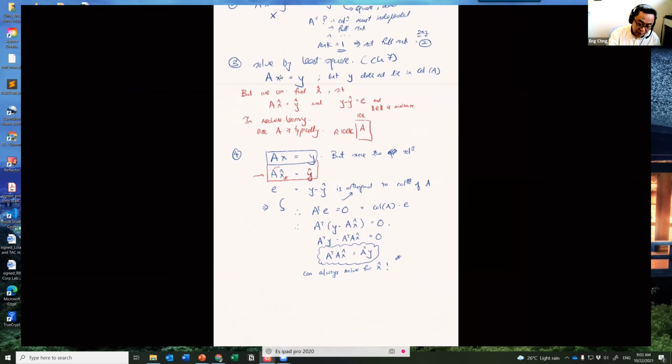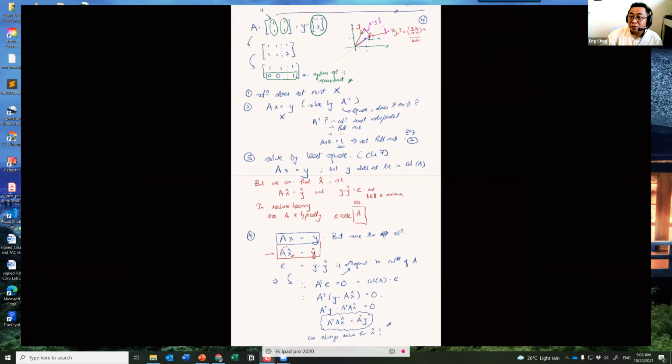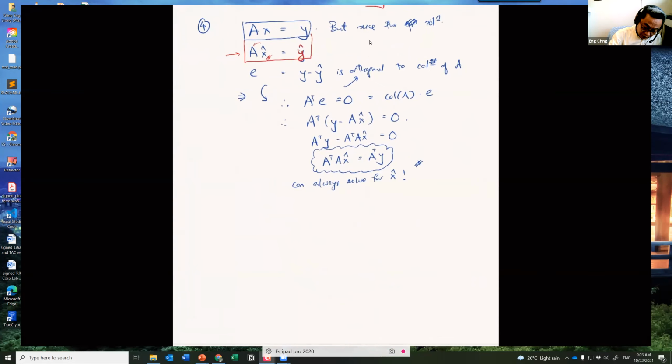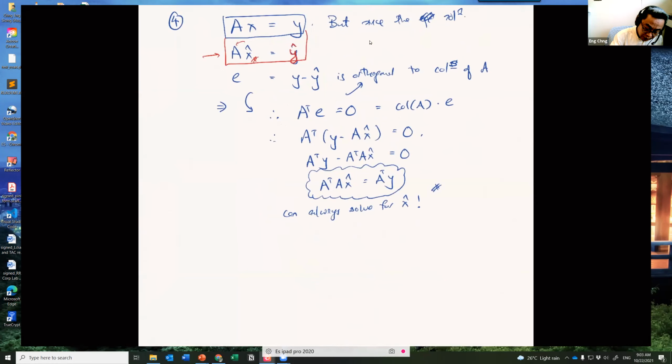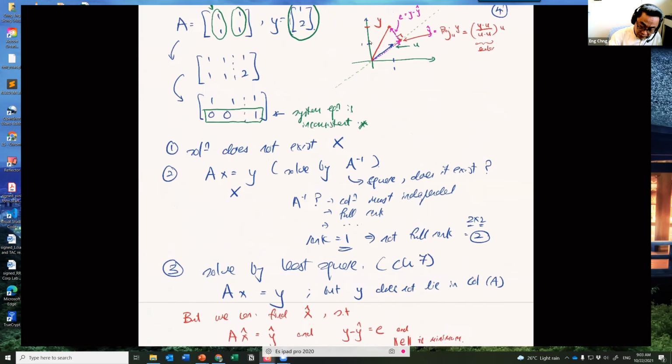So the problem now is solving this equation to get x hat. You need to know this for the quiz: how to solve a 2 by 2, 3 by 3 kind of problem. Okay, let's try. We are now on page number 5.